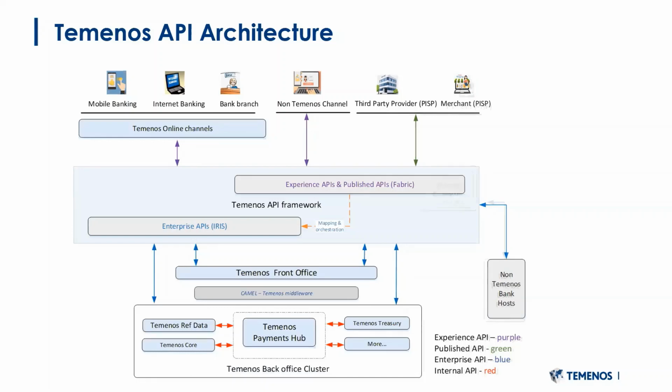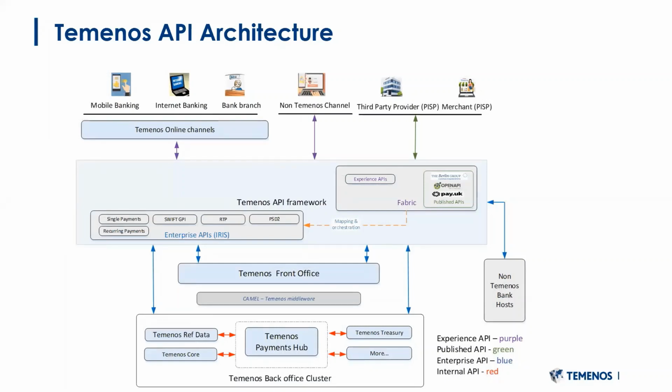Now, I would like to introduce a little more detail of the Temenos API framework. You can see that I've expanded the box. Everything else remains the same, but the box in the middle, the Temenos API framework, is expanded. In the enterprise API box, you can see there are the APIs: single payments, recurring payments, SWIFT GPI, RTP, PSD2 payments, PSD2 APIs.